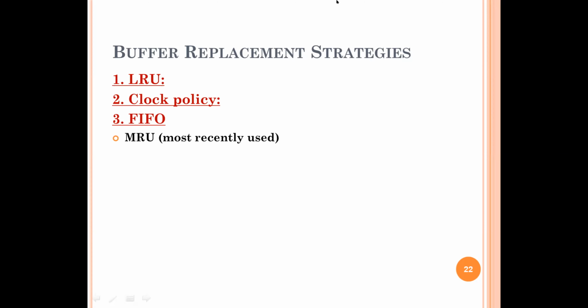we are using buffer replacement strategies. Say least recently used pages. If a particular page is not used for a long time, unnecessarily keeping that data in your computer or mobile may waste your memory.